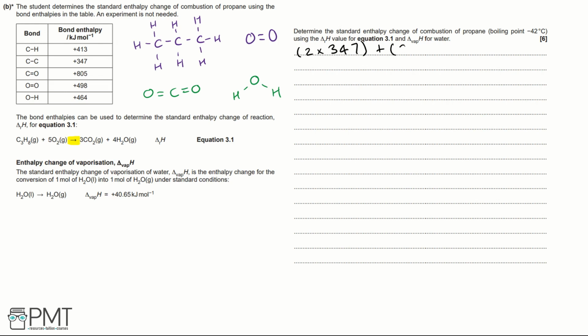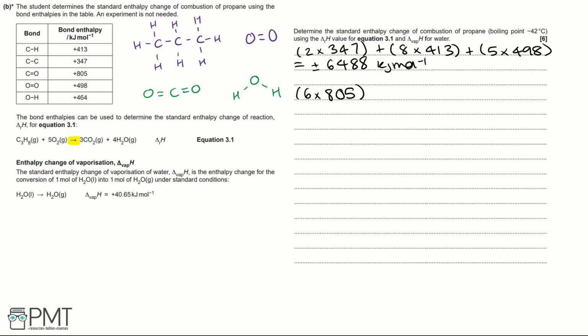Then plus 8 times 413, because we have 8 carbon hydrogen bonds. And then plus 5 times 498, because we have 5 oxygen double bond oxygen bonds. And this equals plus 6,488 kilojoules per mole.